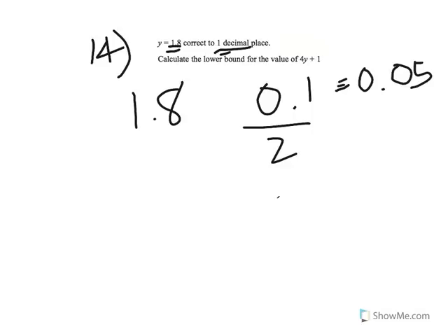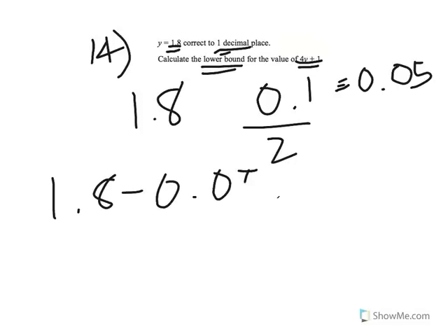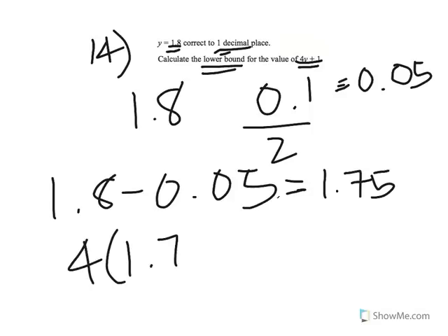Now, we want to find the lower bound of this total value, so we multiply by the lowest number possible, the lower bound. So 4 multiplied by the lower bound of y. It becomes 1.8 minus 0.05, and so the lower bound of that is just 1.75. Okay? So now we do 4 multiplied by 1.75 plus 1. And so that becomes 8.